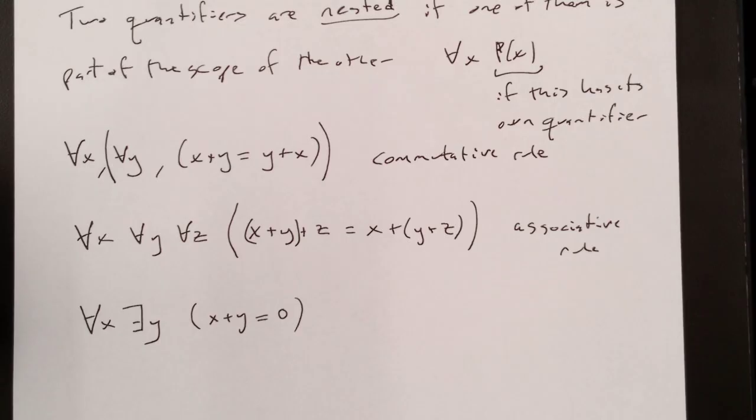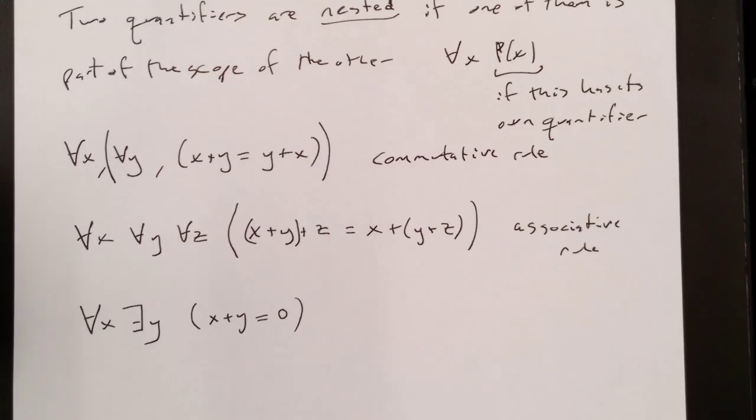Colin? For all x, there exists a y, so that x plus y is 0, is a literal translation. But I think the English needs to be massaged a little to actually say what I want to mean here.